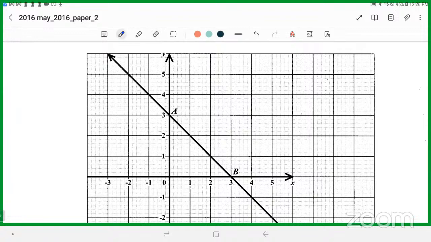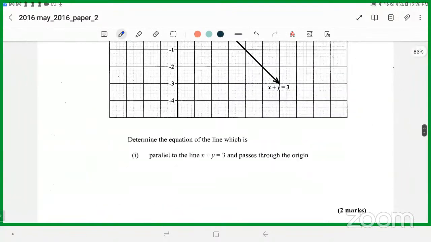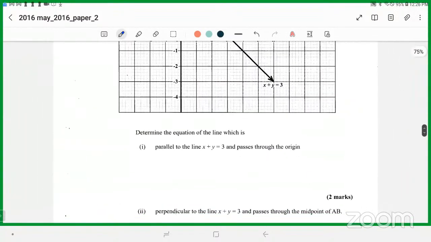But anyway, let's continue. It says, determine the equation of a line which is parallel to this line. So the gradient of that line is -1 because it's parallel, and it passes through the origin. If we pass through the origin, the c is 0. The equation of a line is y equals mx plus c at all times.